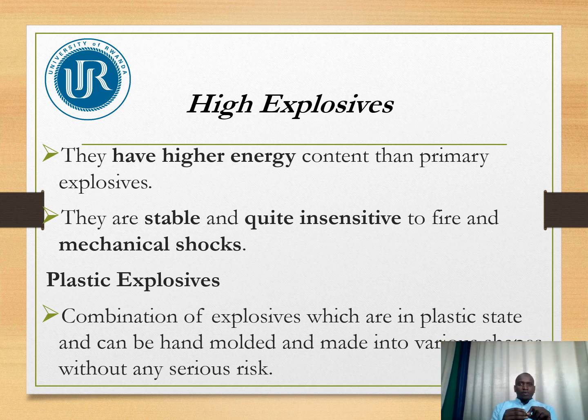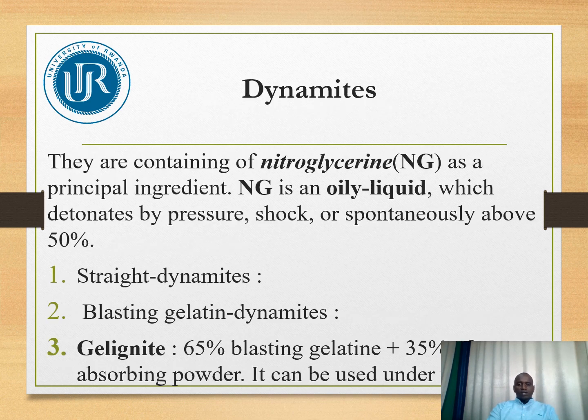This type of explosive can't suddenly explode with just a very short mechanical disturbance. Plastic explosive is a combination of explosive in a plastic state, and it can be handled, molded, and changed into shape without any serious risk.